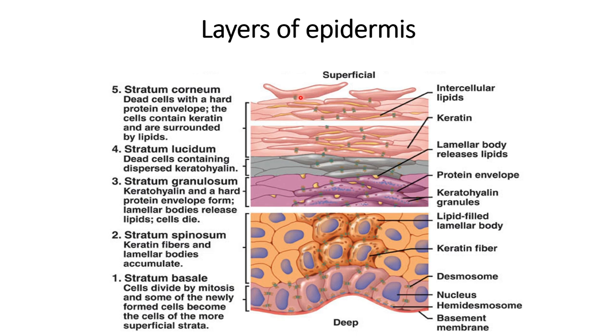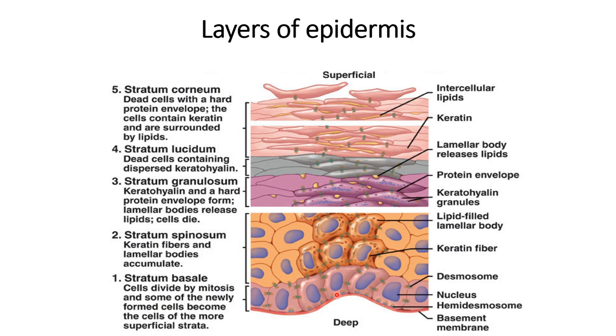The cell membrane becomes thick and is coated by an extracellular layer of phospholipids and glycosphingolipids, which constitute the major component of the water barrier in epidermis. The stratum corneum becomes even thicker in those regions that are subjected to excessive friction. So these are basically the 5 layers of epidermis.